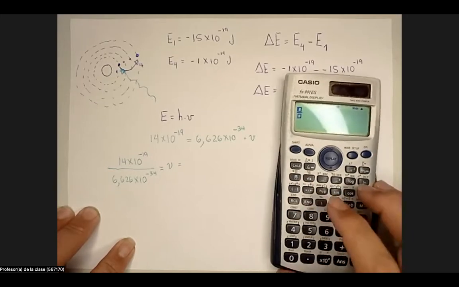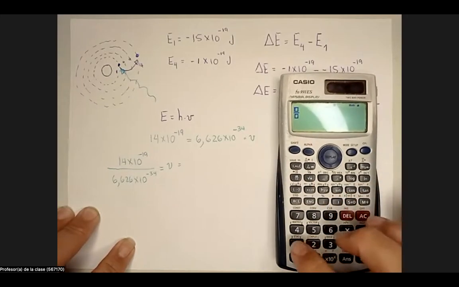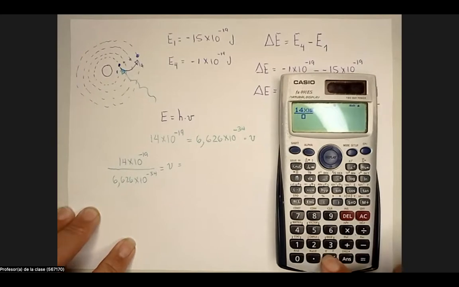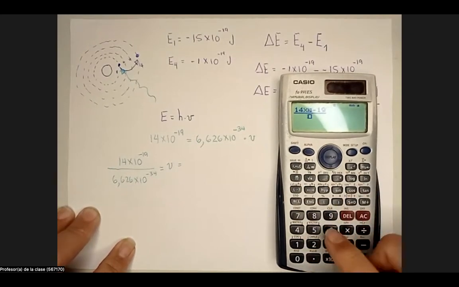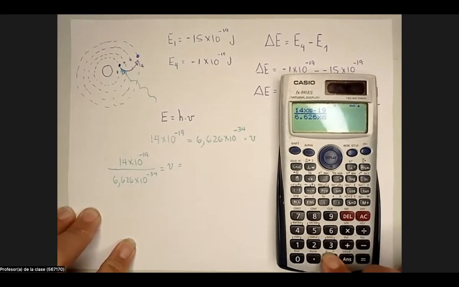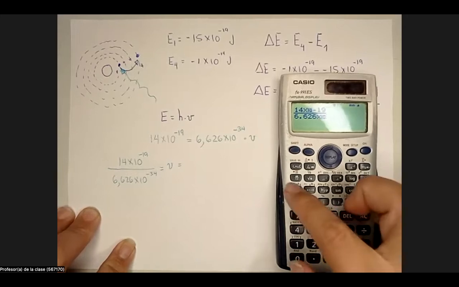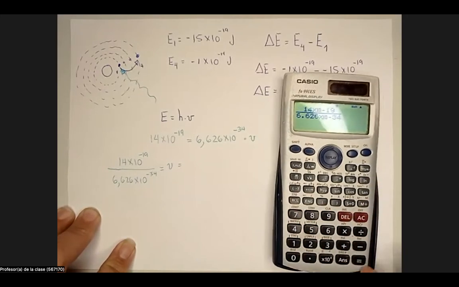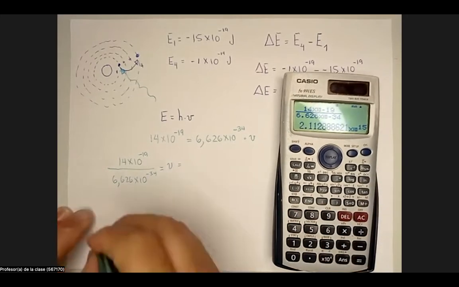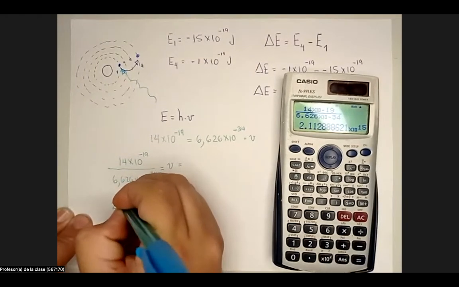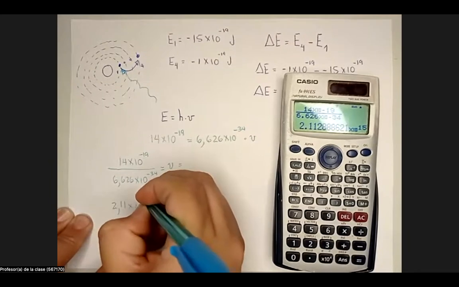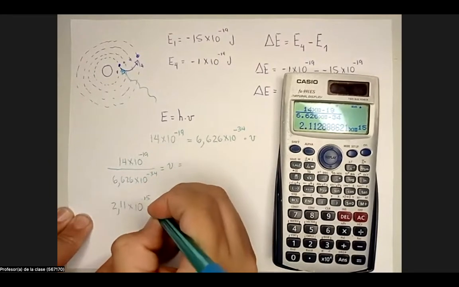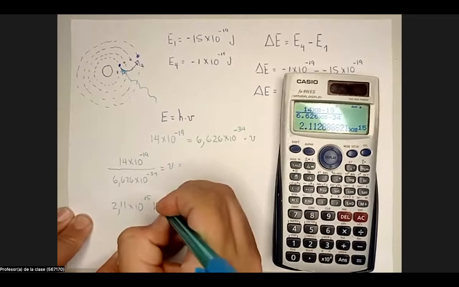Okay, and remember, look at this on the calculator: 14 by 10 to the minus 19 divided by the Planck's constant. This button is very important, and the minus 34. Okay, so 2.11 by 10 to the positive 15 exponent in hertz.